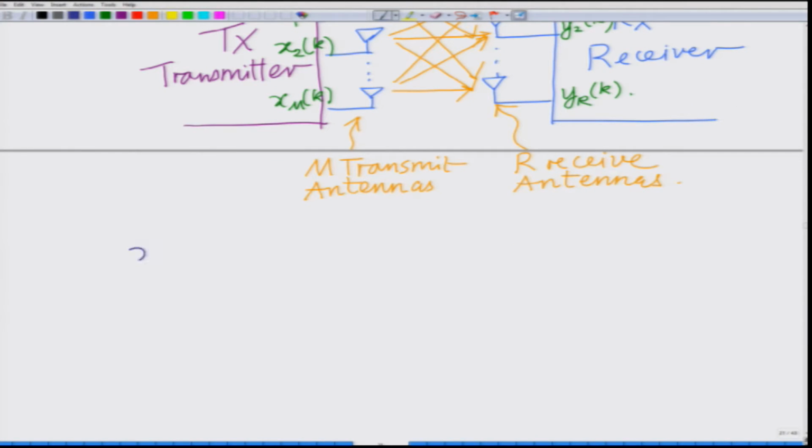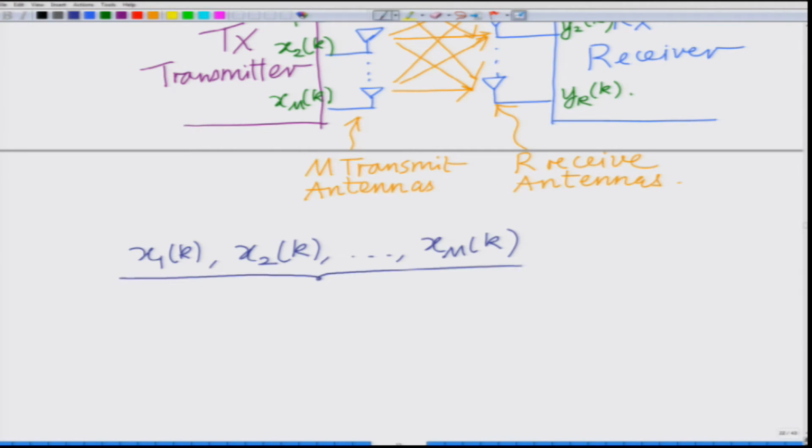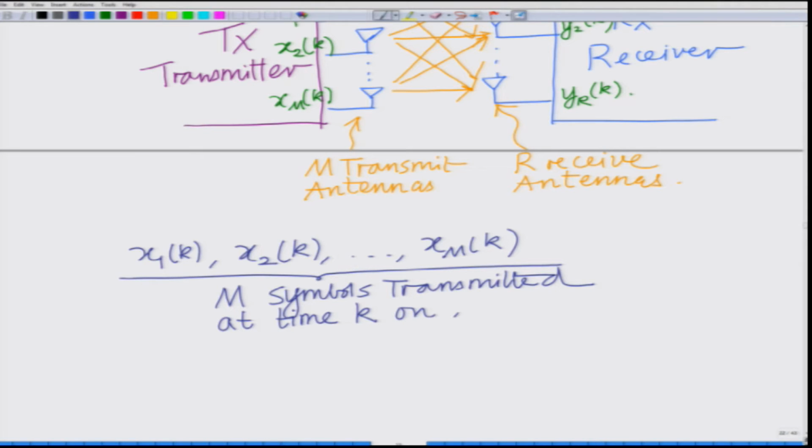So, x1k, x2k up to xmk are the symbols transmitted, these are the m symbols transmitted on the m transmit antennas at time k.